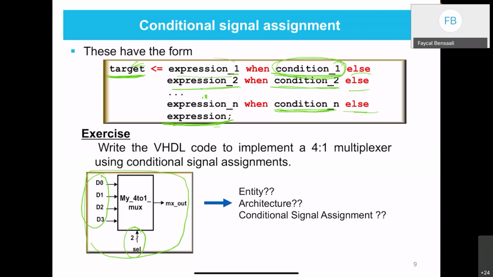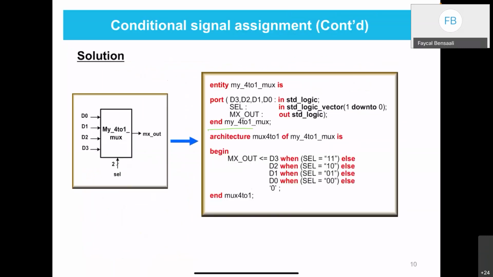Because it has two bits, the values are 0 0, 0 1, 1 0, 1 1, and then we have the output. This is for the entity. Is it clear or not? Yes, doctor. Okay, so I think the entity is fine.